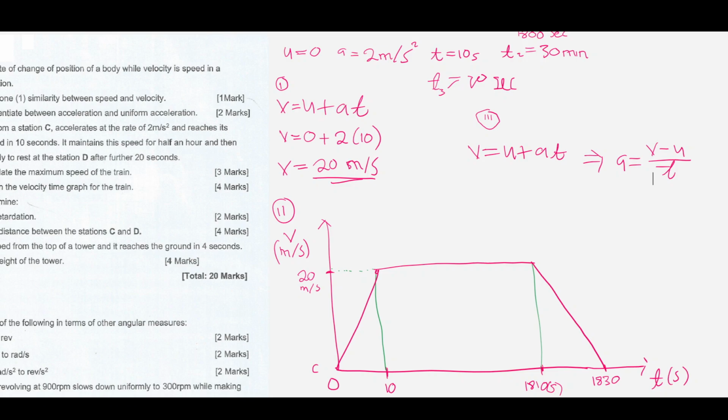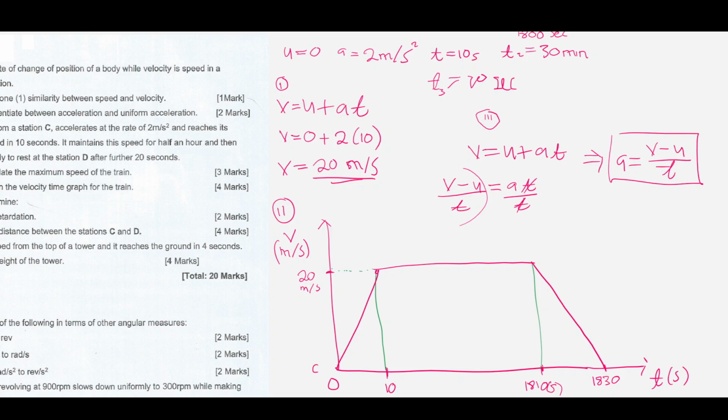Here we're just making a the subject of the formula. We know that when u goes this side, it will be negative, so we are going to have v minus u is equal to a t. Okay, and then since we are making a the subject of the formula, we divide both sides by t, then we're going to remain with a is equal to whatever is on the other side.